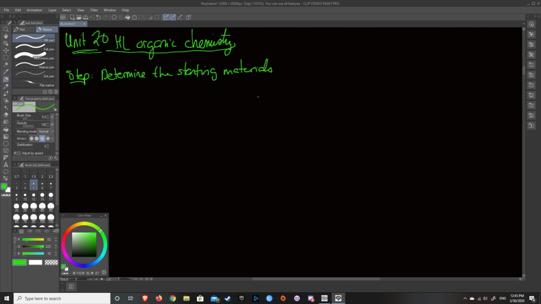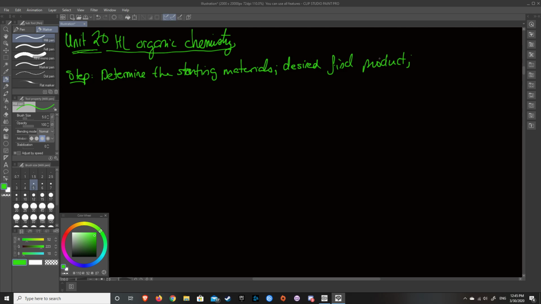So always try to draw out your starting materials and know what the stereochemistry is of your starting material. Know what type of reactions it undergoes. And then also the question should say, what is your desired final product?